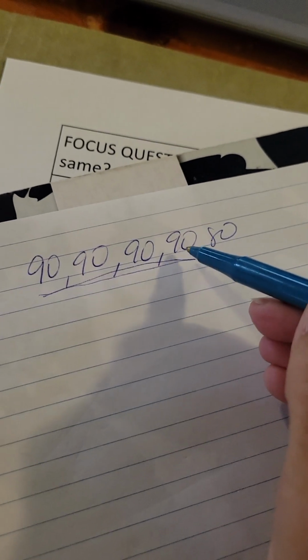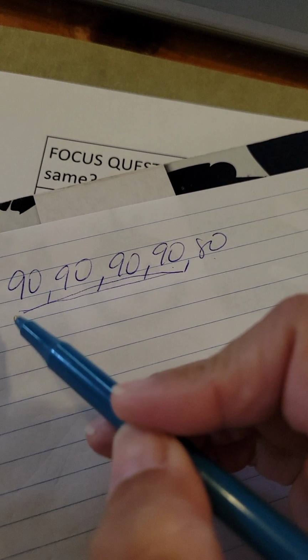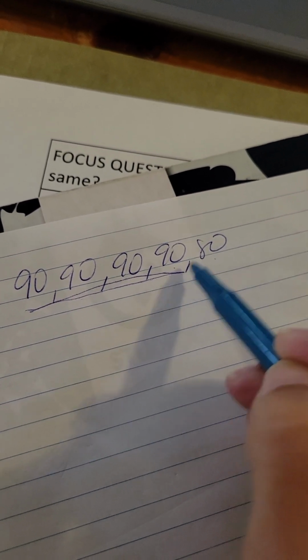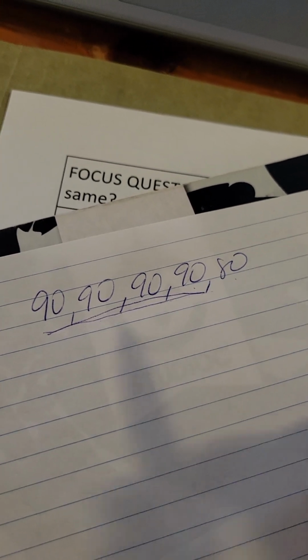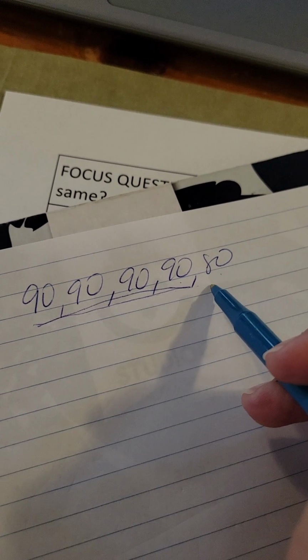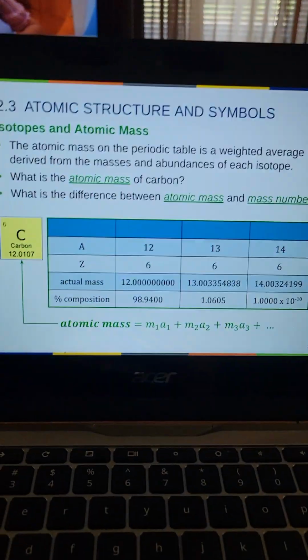You wouldn't want me to just go 90 plus 80 and tell you that your average was an 85. You would want 4 times the 90s and then an 80, because you had mostly all 90s. You'd expect your grade to be closer to 90 than to 80. So that's what we're talking about when we say a weighted average of all of the isotopes.